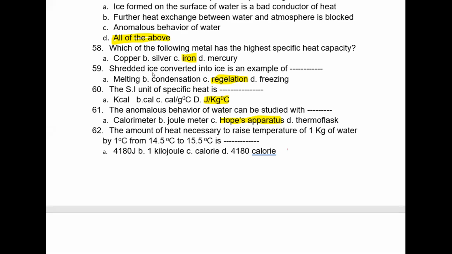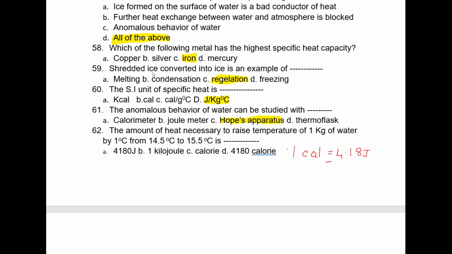We know that the amount of heat energy necessary to raise the temperature of 1 gram of water by 1 degree Celsius from 14.5 to 15.5 degrees Celsius is called 1 calorie. We know that 1 calorie is equal to 4.18 joules.